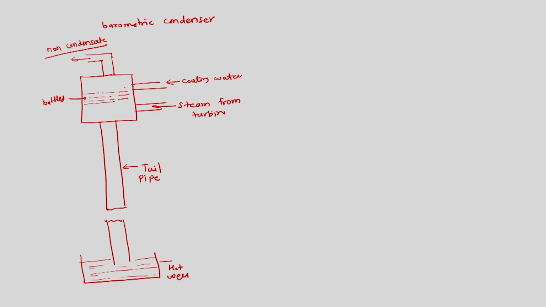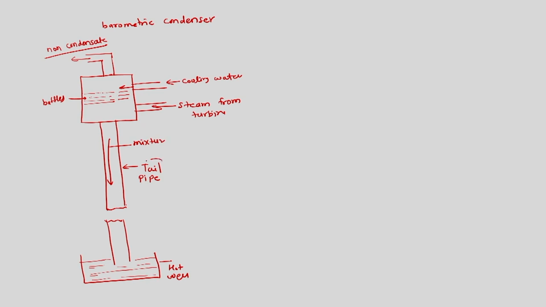So this cooling water would come out, get splashed, and mix with the steam, and then the steam will get condensed in this process. This is the mixture, it will come down and get settled in the well.